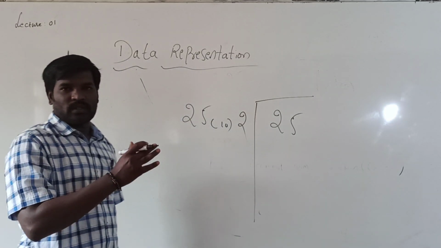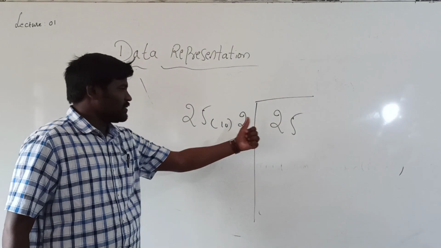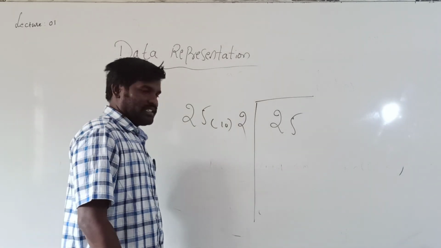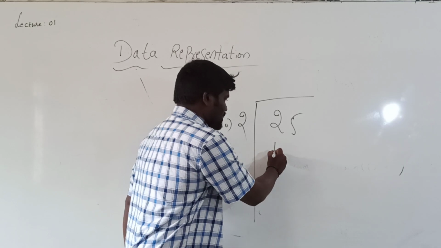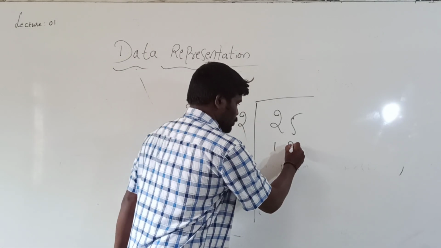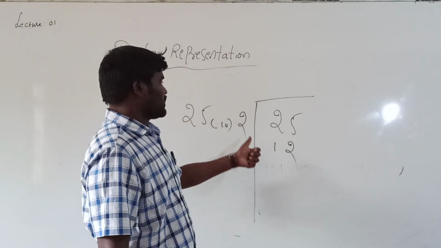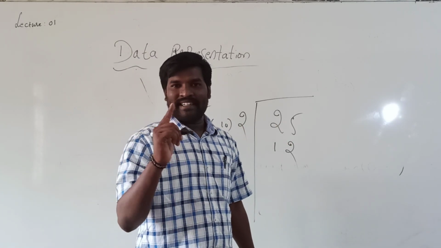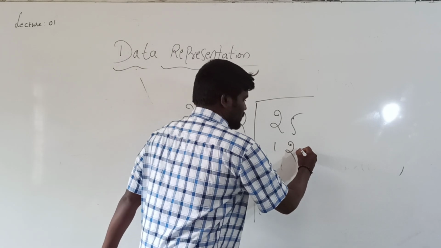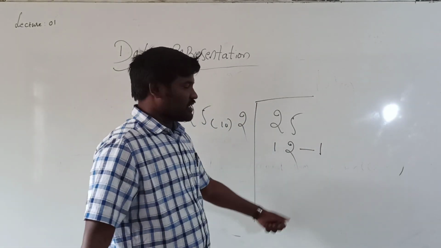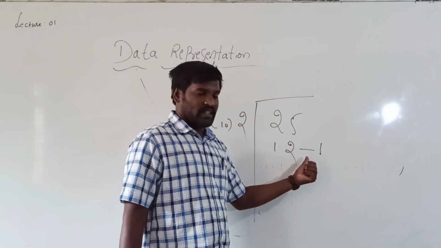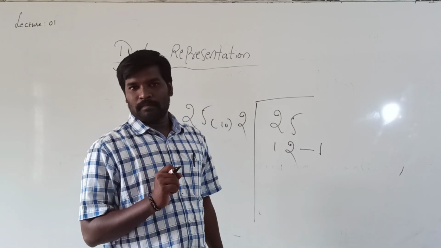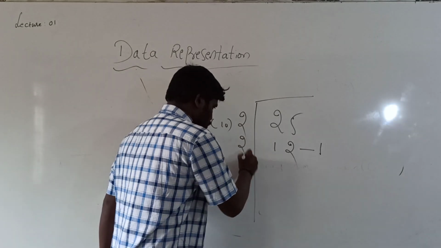So you just have to divide 25 by 2. 2 1s are 2, 2 2s are 4, it means 12 2s are 24 and the remainder is 1. Just put a hyphen and mention the remainder values. It is compulsory.